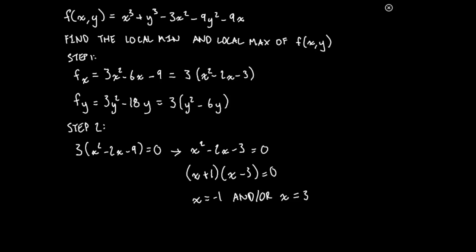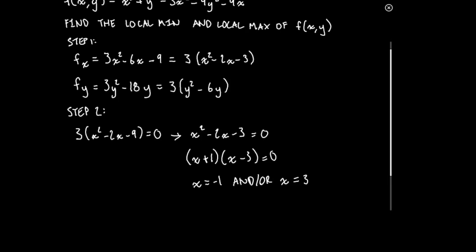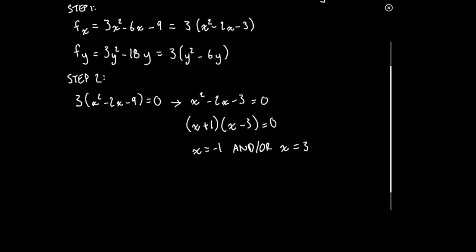All right, so we have both of our possibilities for x values. Now let's move to our second partial derivative and solve for our y values. So 3 times y squared minus 6y is equal to 0.